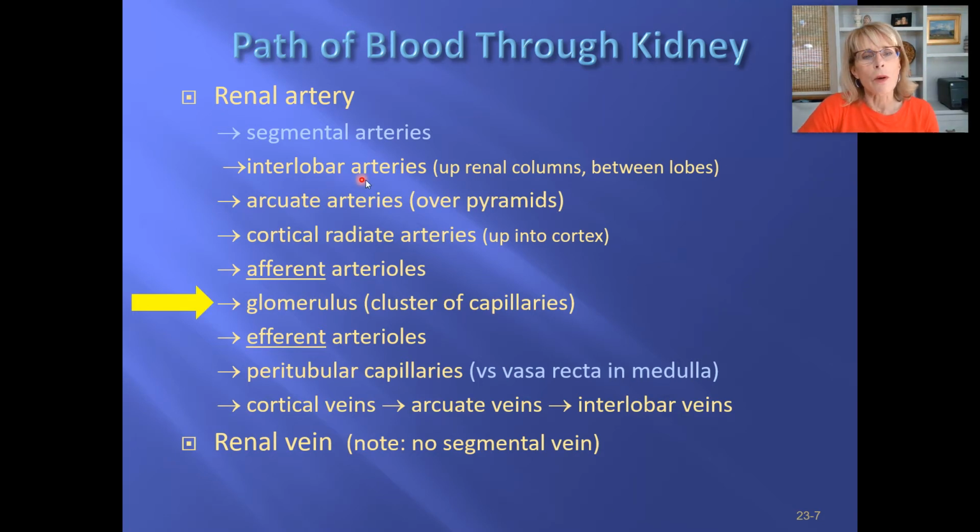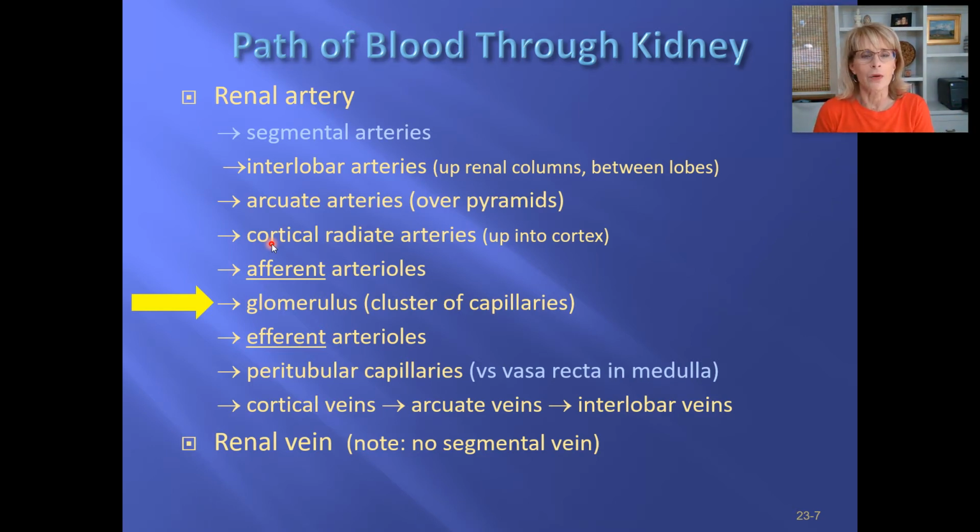So the interlobar arteries literally go up the renal columns, which are those lighter pink spaces between the lobes. And then arcuate arteries make an arch over the top of every pyramid, and then cortico-radiate arteries. I love that name. They're in the cortex. They radiate up into the cortex like some kid drawing the rays of the sun.